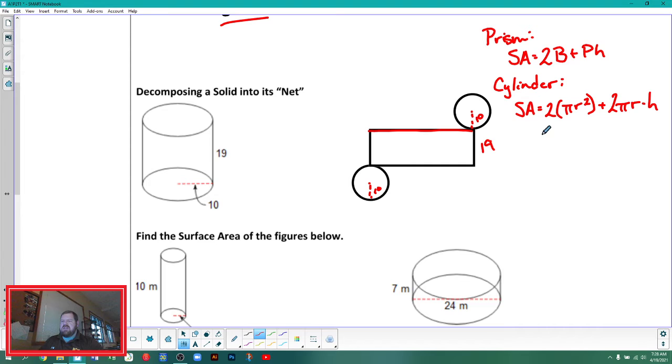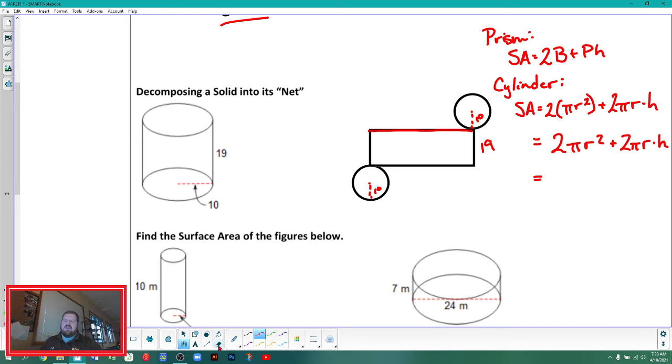Now there is a little simplifying that we can do, and it's up to you. If you want to think of it with this formula, that's perfectly fine. But if I look at 2 pi r squared plus 2 pi r times h, I can simplify by pulling out a 2 pi r from both of these.